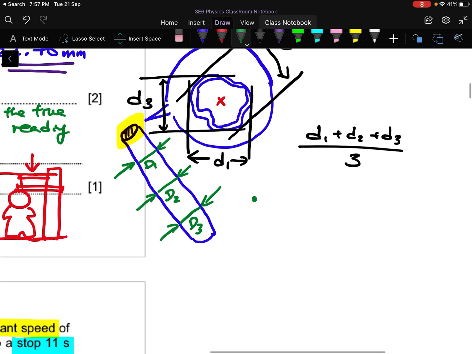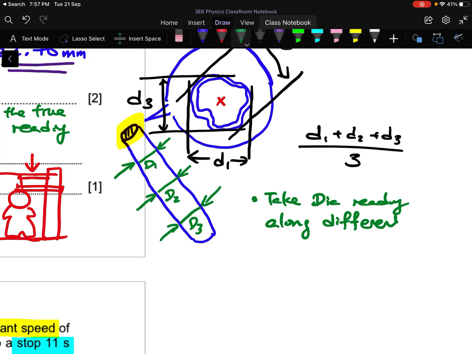So there are two suggestions to write. Number one is, you can take the diameter reading along different sections of the cable. So these refer to this, right?